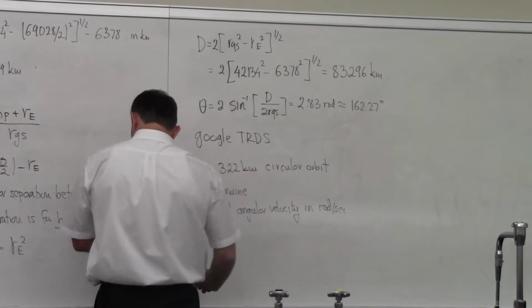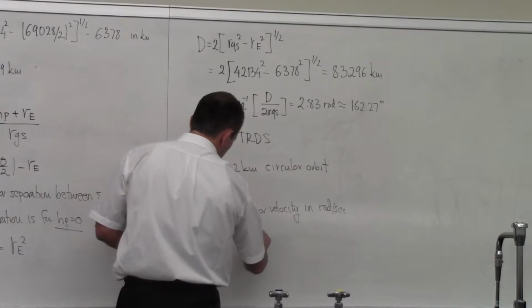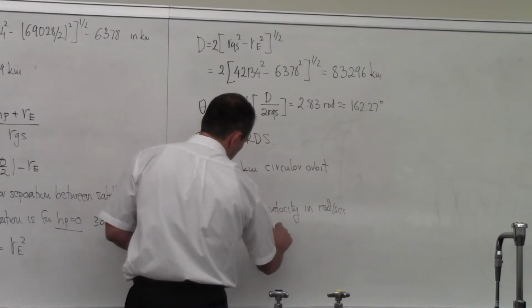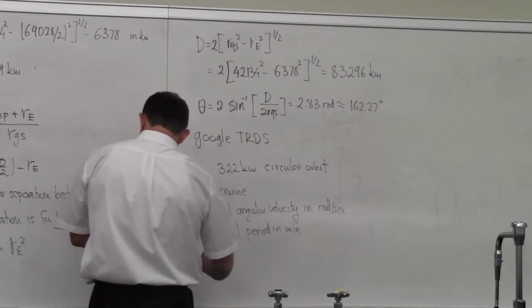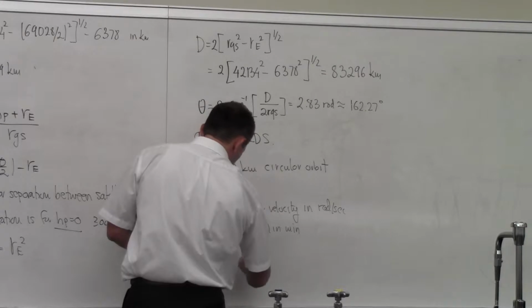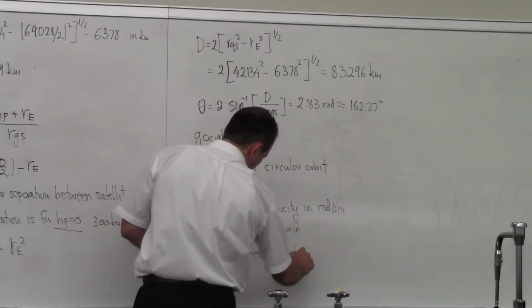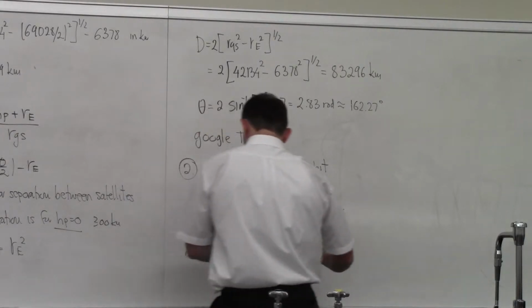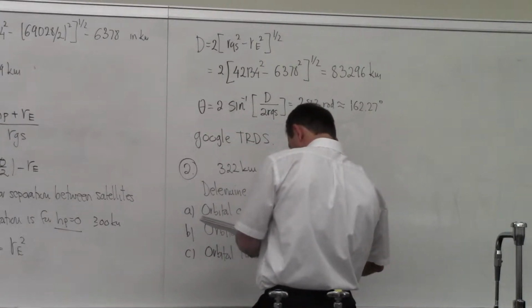Part B, orbital period in minutes. And part C, orbital linear velocity in meters per second.